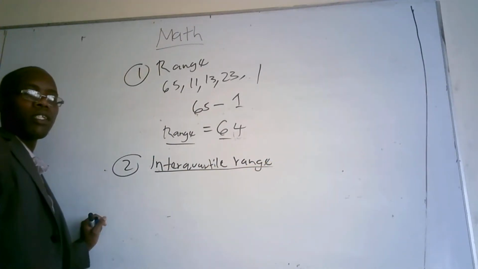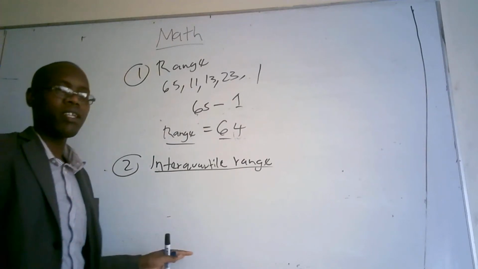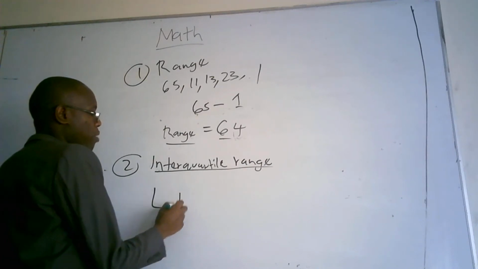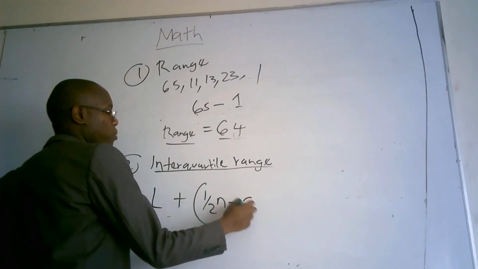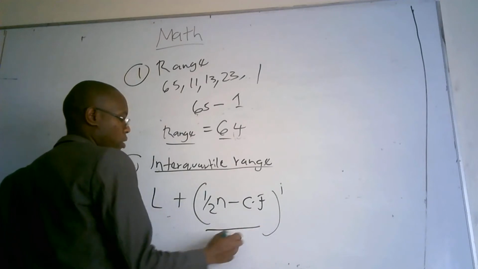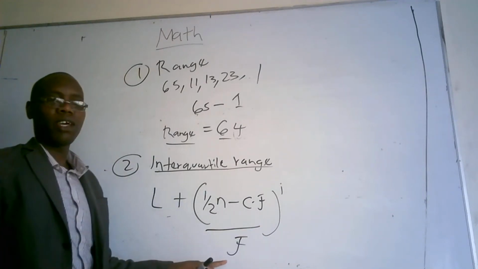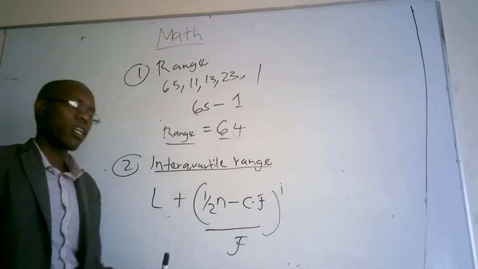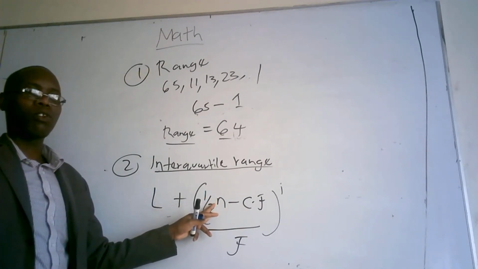I told you that you should always be conversant with the formula of the median. If you can remember, the formula of the median was the lower class boundary plus, in brackets, half n minus the cumulative frequency, multiplied by the class interval, divided by the frequency, whereby f is the frequency of the median class, i is the class interval, L is the lower class limit, and n is the total frequency.